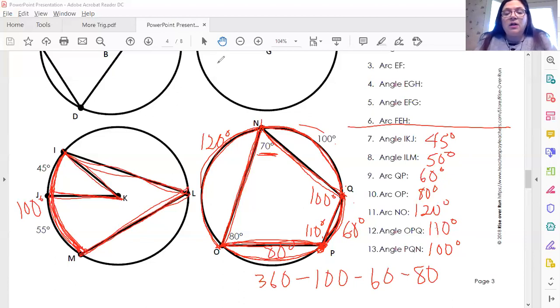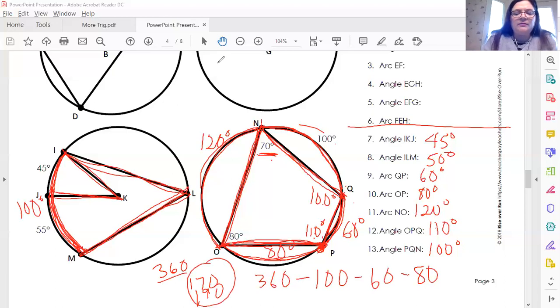But we do know that all of the angles in a four-sided figure have to add up to what? 360, right? So if I wanted to double check here, 100 plus 70 is 170. 110 plus 80 is 190. And if I add those two together, I get 360. So I did find the correct angles there.